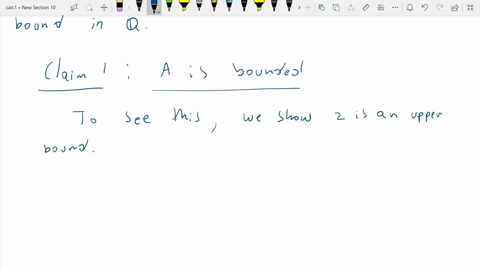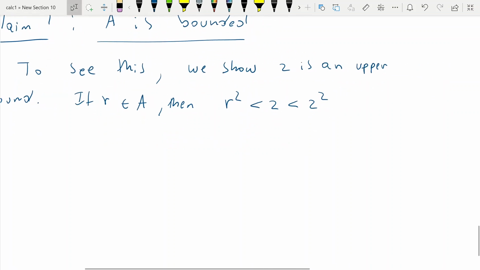Well, if r belongs to A, then r squared is less than 2, which is in turn less than 2 squared. And yeah, this is equal to 4, right?